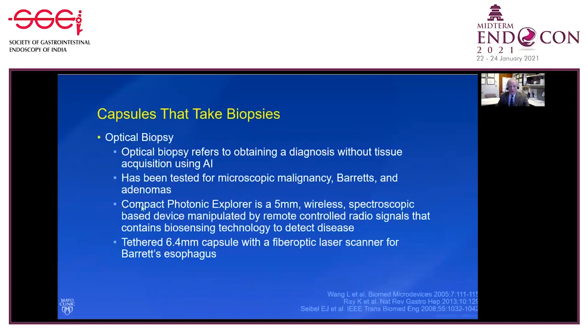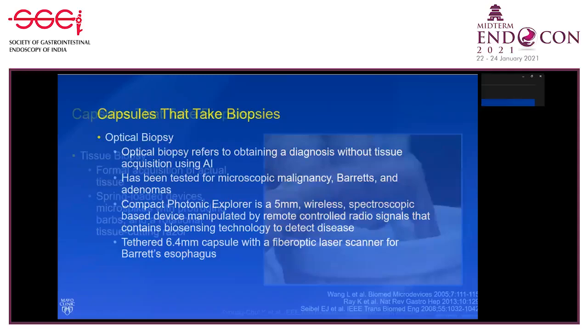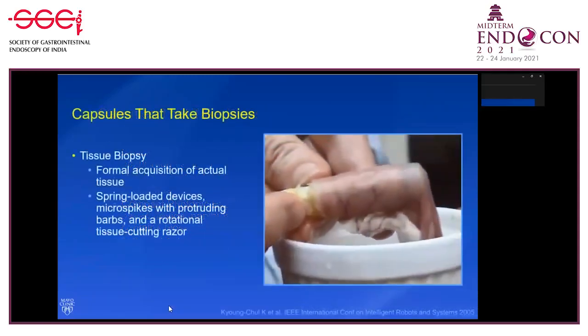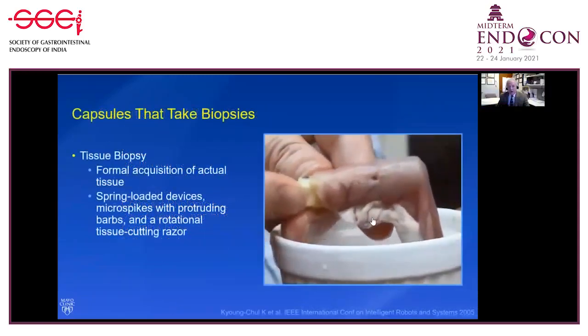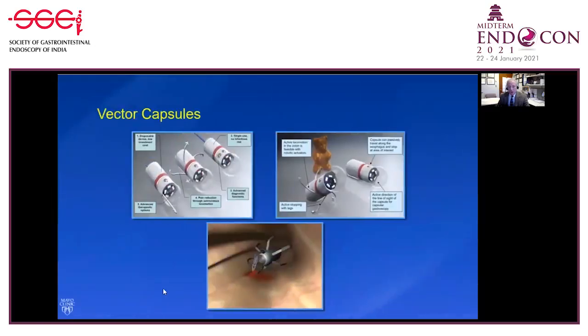And there are several examples, such as the compact photonic explorer and the tethered capsule with a fiber optic laser scanner for Barrett's esophagus. And then there are technologies with spring coiling to take actual tissue biopsies using spring-loaded devices. So all very exciting.